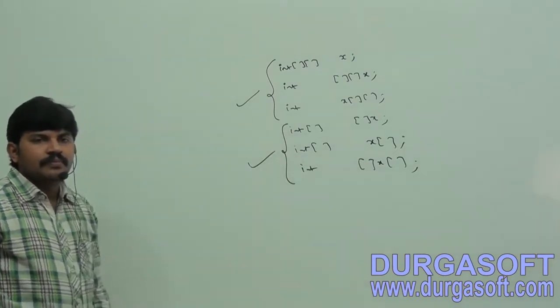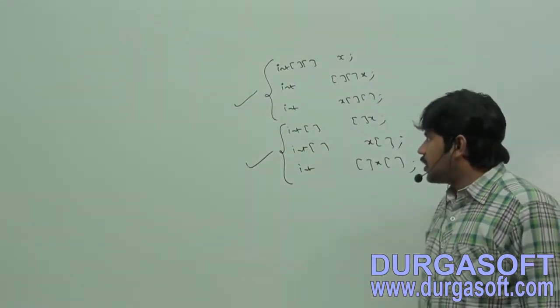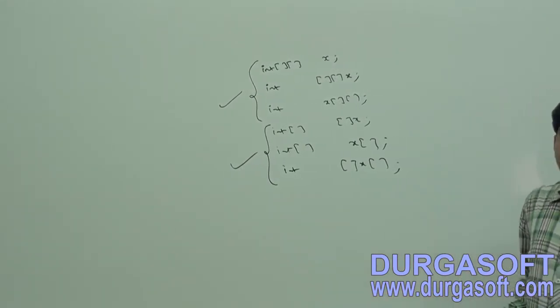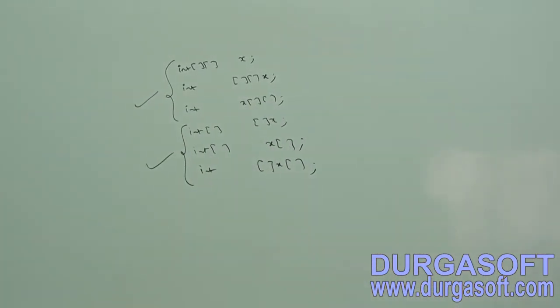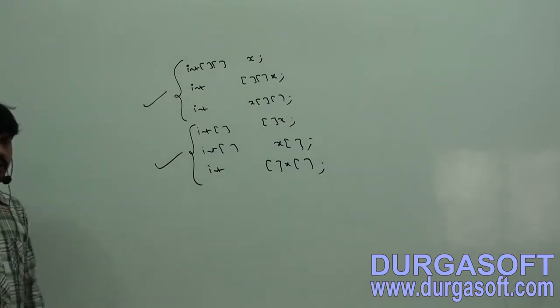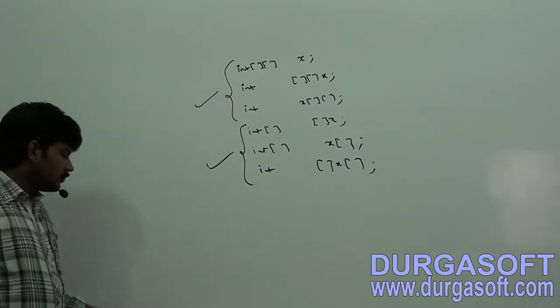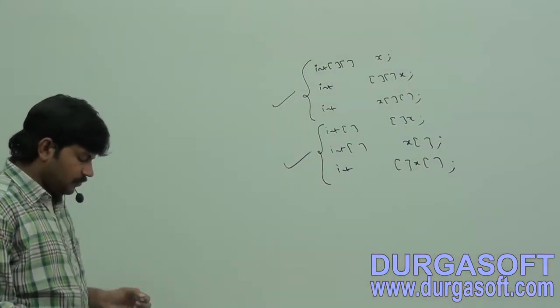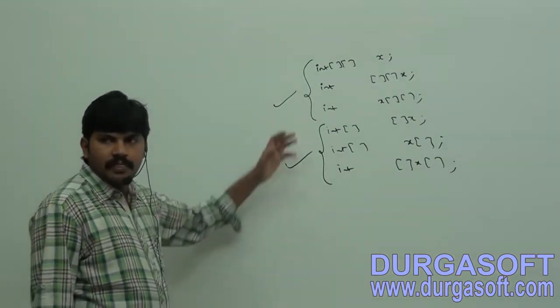Take it clearly: int 2-dimensional array x. Is it clear for you people?